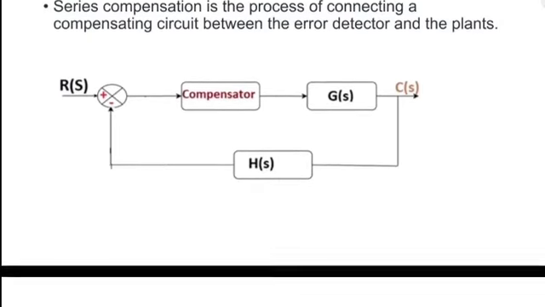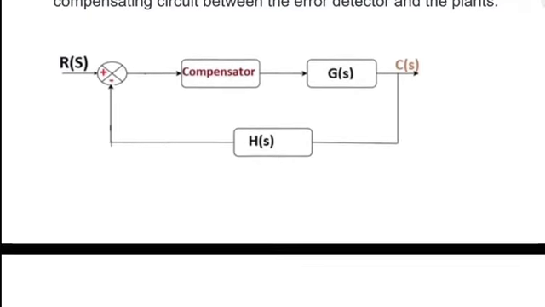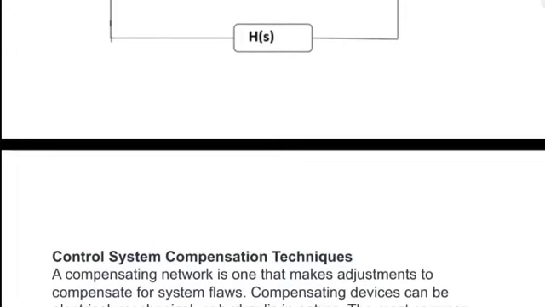The series compensation pertains to the connection between the error detector and the plant. So the error detector and the plant are in series. And there we have a block diagram where you can see the input, the output, the gain, and the feedback.